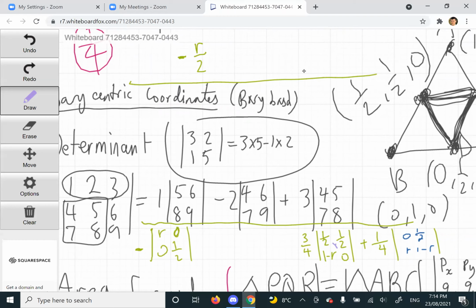And so it'll be minus half times 1 minus r. And the other thing will be plus a quarter times half r, but minus. So it'll be minus a quarter times r on 2.